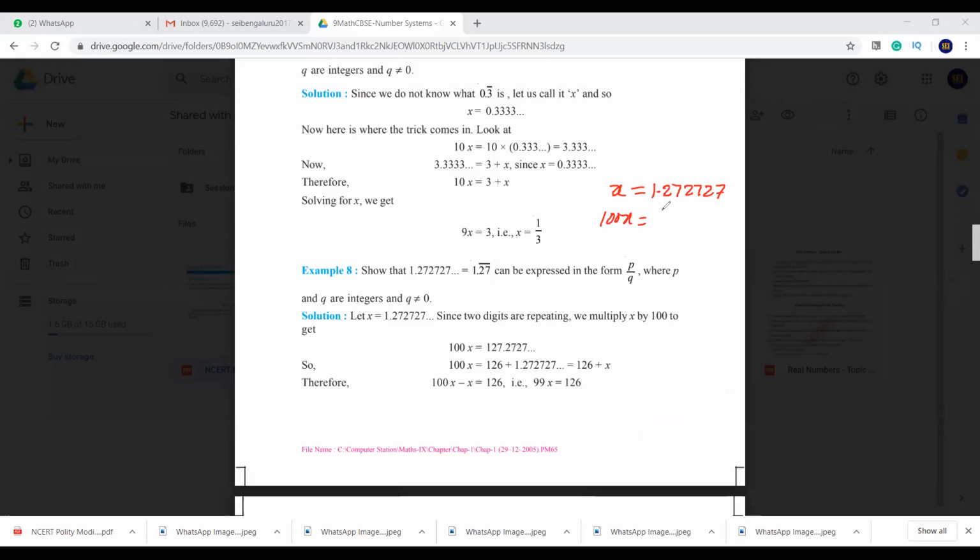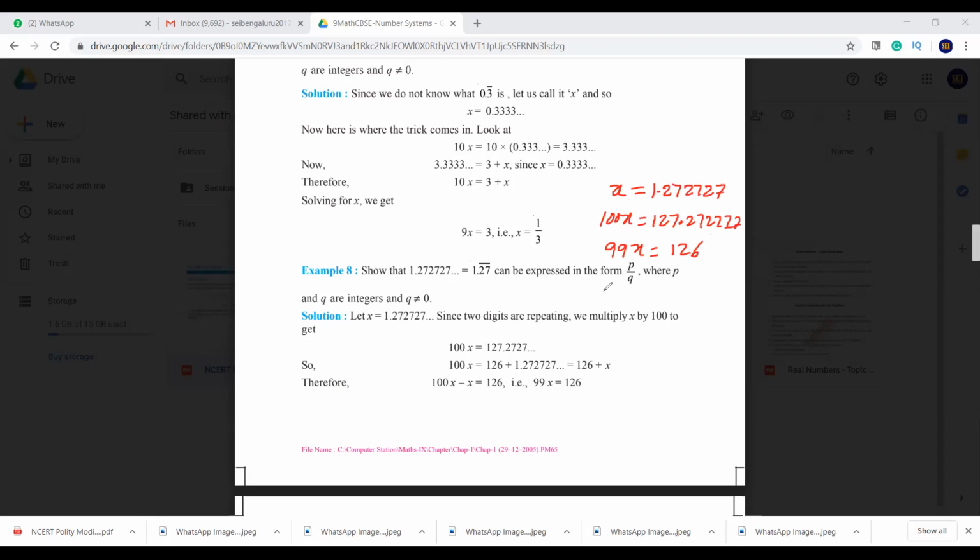100x is equal to 127.272727. Now 100x minus x, 99x is equal to 127 minus 1, which is 126. So 99x is equal to 126.